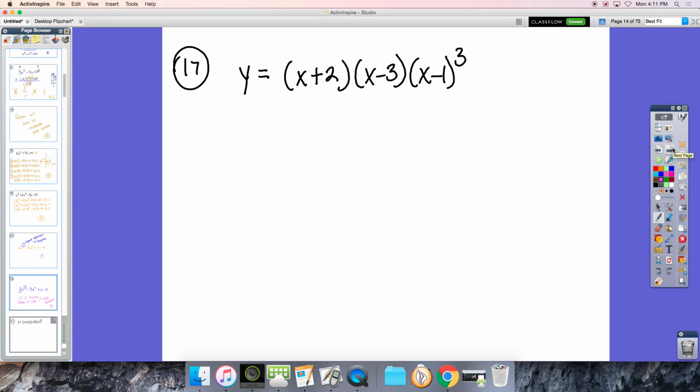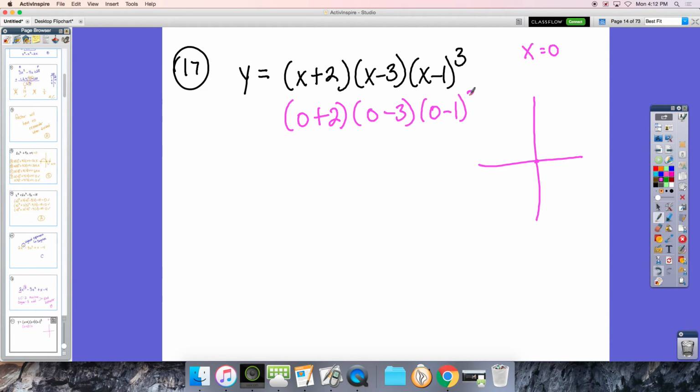17, what is the y-intercept of the following function? The y-intercept means when x is 0. So when you look at your graph, when you don't move anywhere on x, you stay at 0, where is y going to be? So if x equals 0, we're going to plug in 0 for all of these x's. So 0 plus 2, 0 minus 3, and 0 minus 1 cubed.